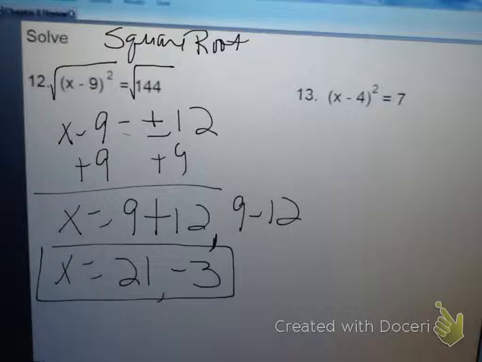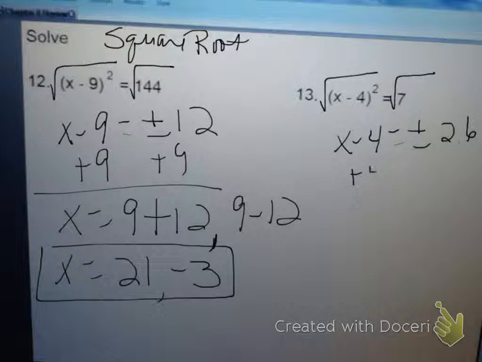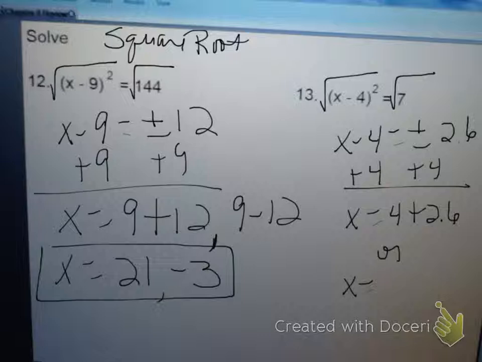Number 13, I'm going to take the square root, and I get x minus 4 is equal to plus or minus the square root of 7, which is 2.6. So then I'm going to add 4 to both sides. So x is equal to 4 plus 2.6, or x is equal to 4 minus 2.6.